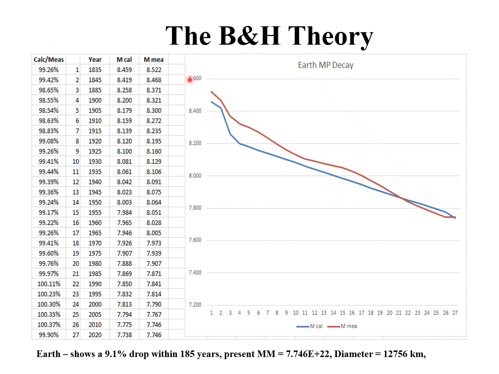And so here's what it looks like between the calculated, based on the Humphreys model, and here is the actual measured magnetic moment that we previously reviewed.